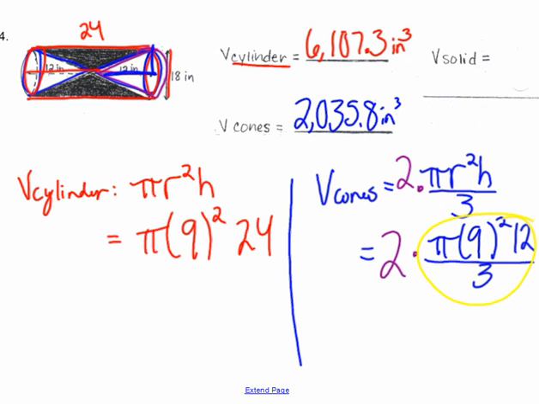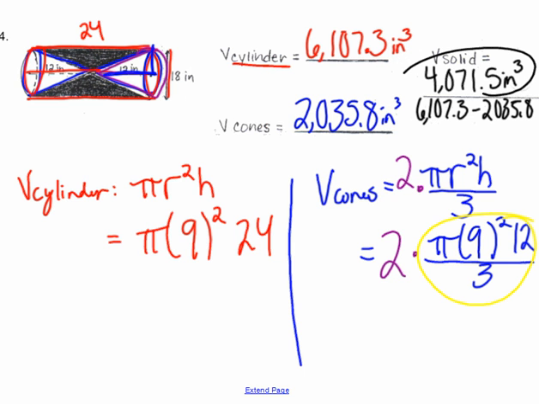So then to find the volume of the whole solid, I take the 6,107.3 and subtract the 2,035.8 to get the final answer of 4,071.5 cubic inches. So that is it.